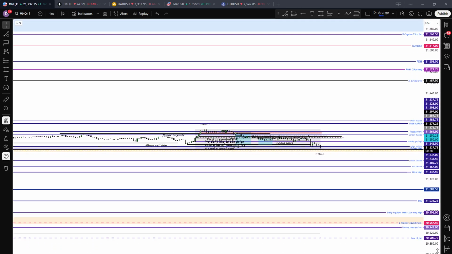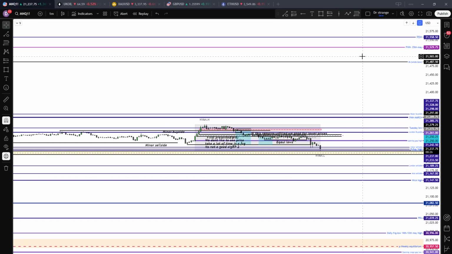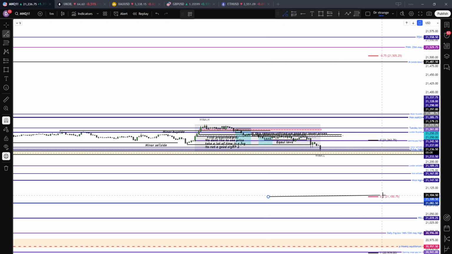When we measure from here up to here, this is our target right here. We want to target price up to here.